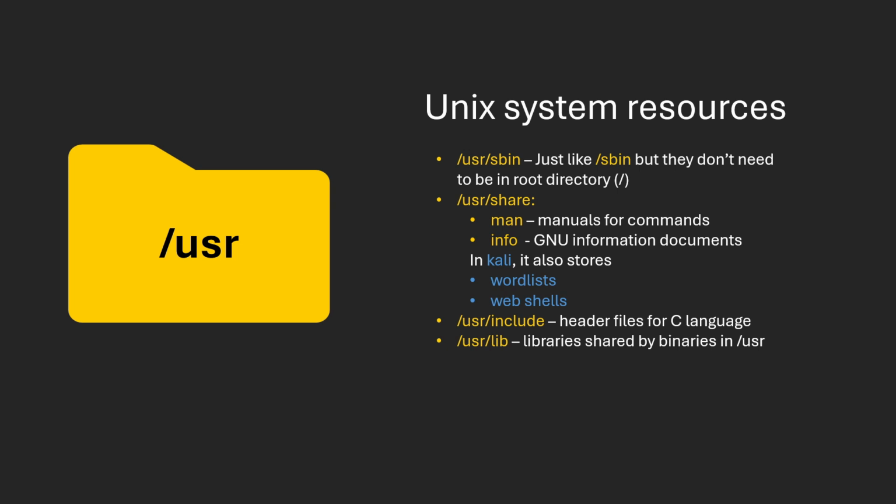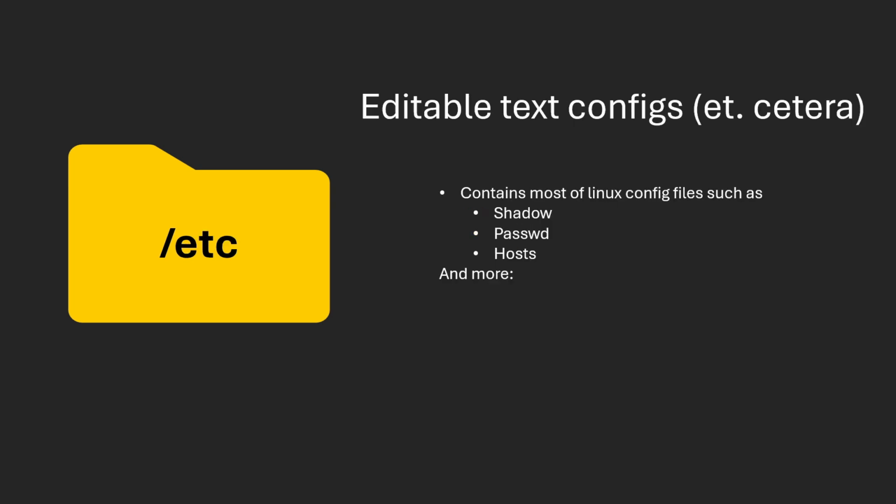Alright, next, now that I've talked about the most important directories, let's go to some configs. So, the /etc directory. Etc also stands for something. It's editable text configs, and it hoards all the most important config files such as shadow, passwd, hosts.